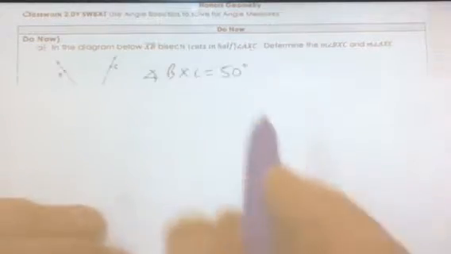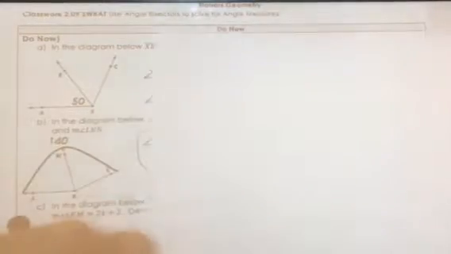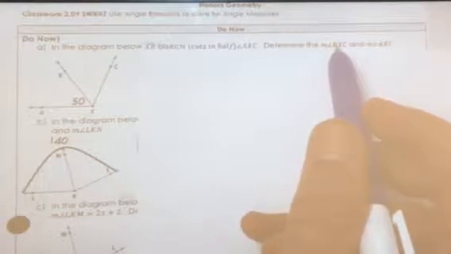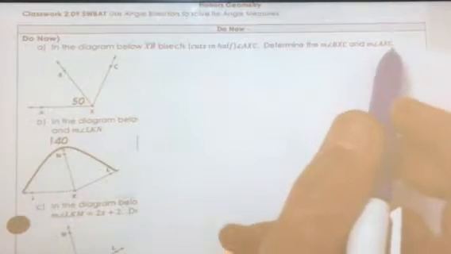The do now. In the diagram below, segment XB bisects angle AXC. Angle AXC is cut in half by segment XB. Determine the measure of angle BXC and angle AXC.